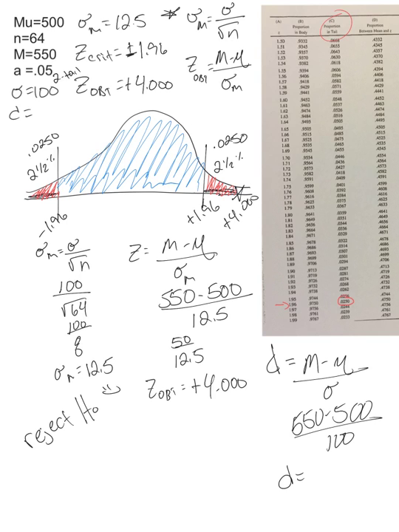So my Cohen's d is 0.5, or a medium effect size. So I would say yes, the treatment's effective. Our critical value, as set by alpha 0.05 two-tailed, was 1.96, which gave us a z obtained of 4.0000 with a medium effect size of Cohen's d of 0.5.